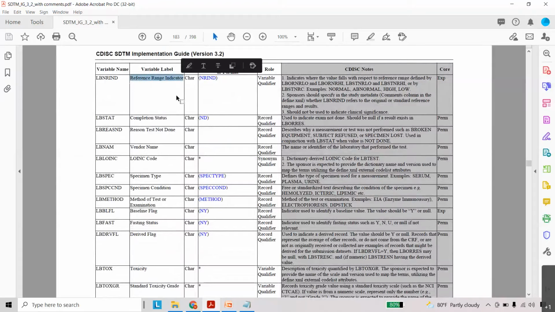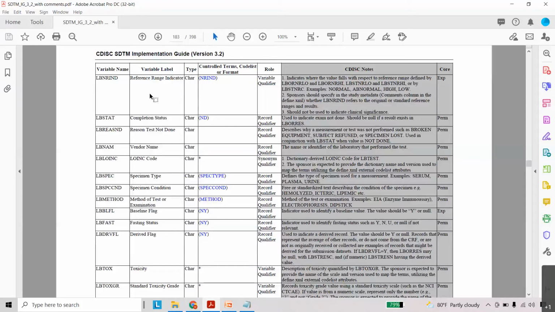So we have LBNRIND. For example, in the LB standard results, one value is present as 10, and for that value we might have the lower limit as 5 and the higher limit as 15.